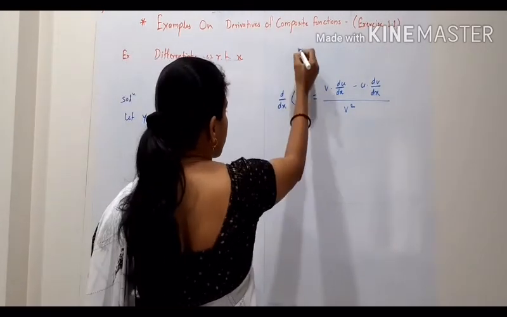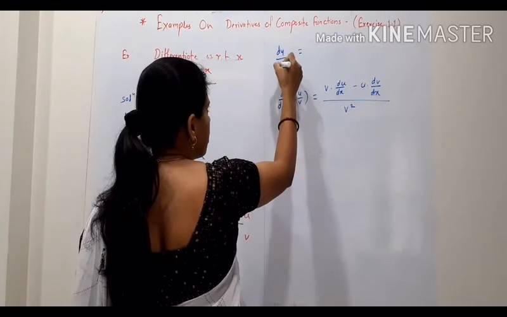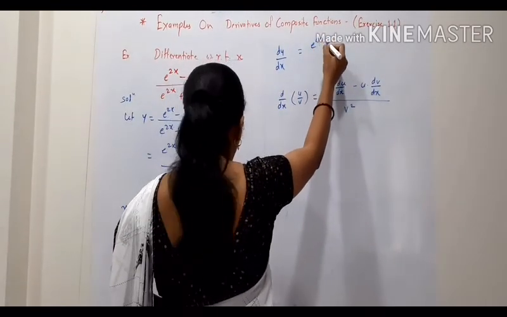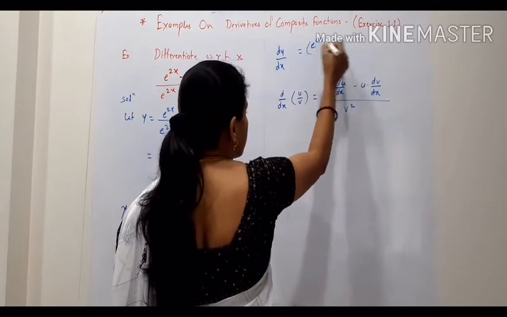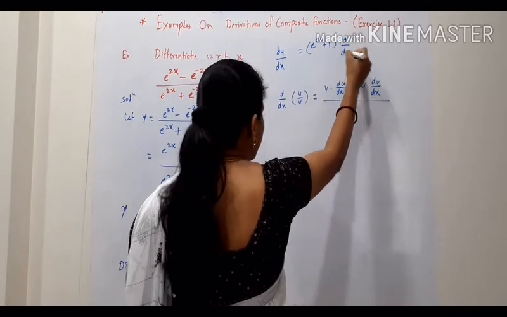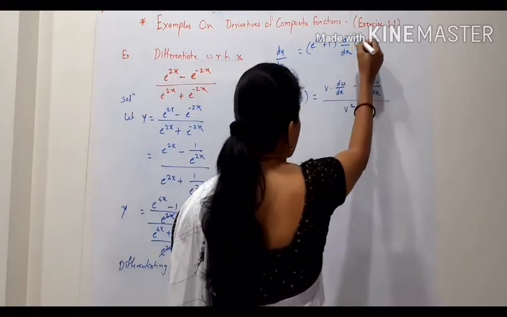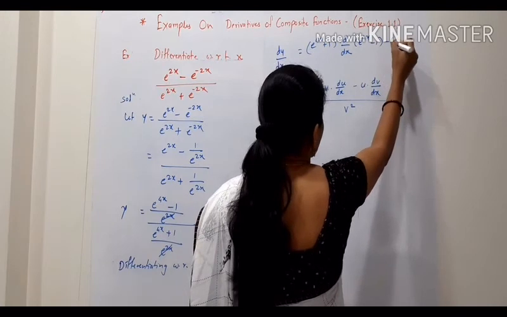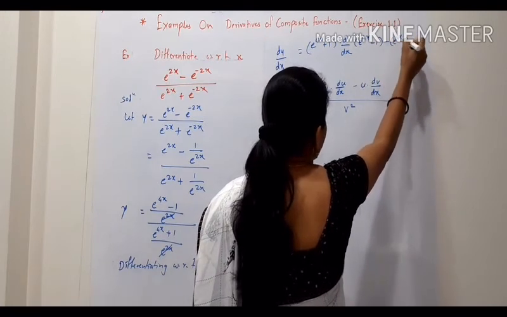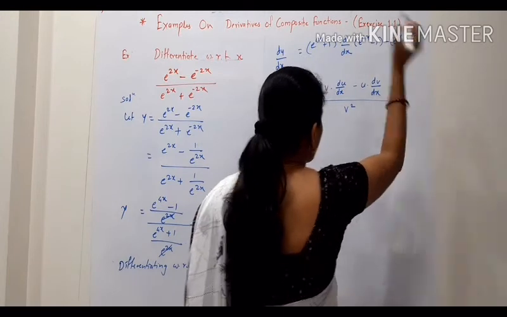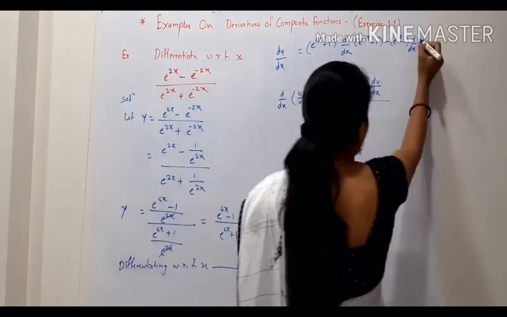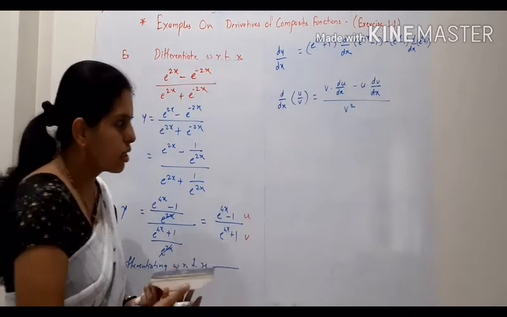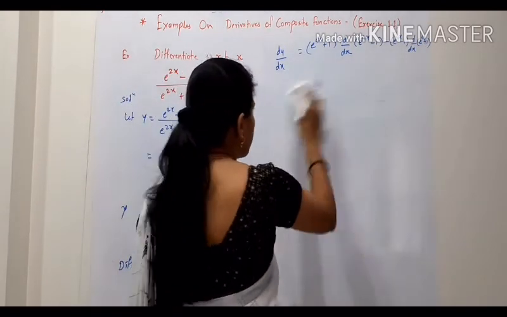By using this formula, we get dy by dx equals v, e raised to 4x plus 1, into derivative of the numerator e raised to 4x minus 1, minus u, e raised to 4x minus 1, into derivative of e raised to 4x plus 1, divided by v square, meaning the denominator square.